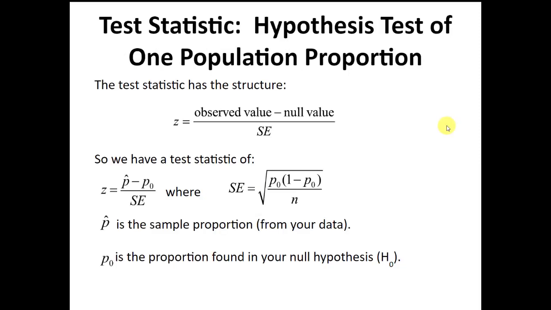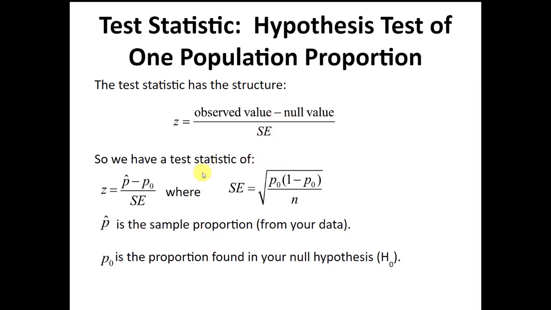So how do we calculate the test statistic? The test statistic has the same formula that we've been using for any other z-score. First, you need a normal curve. If you don't have a normal curve, none of this matters. Okay, so you have to check for the assumption of normality. Then you take your observed value, subtract your null value from that, and divide by your standard error.